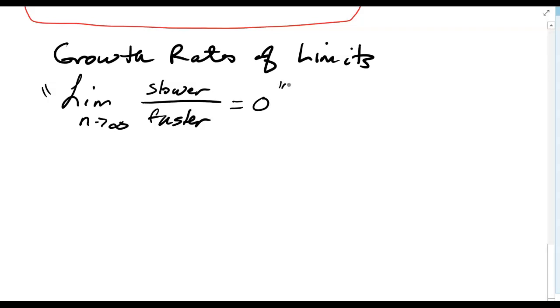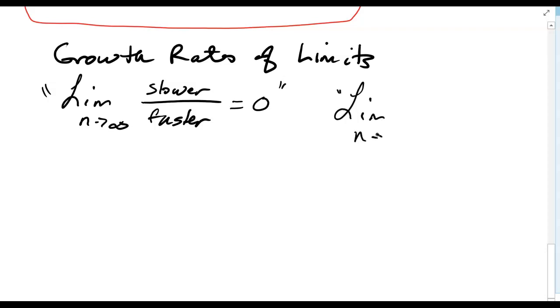Makes sense? Because it's growing at a much faster rate, as you do those divisions of the numerator divided by the denominator, as the numbers get larger and larger, that value itself actually approaches 0.